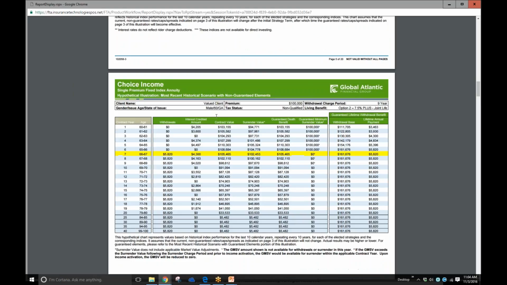Now we go down here and look at this one with non-guaranteed. Now what non-guaranteed means is that we're assuming some kind of back testing of what the index would have done, okay? And so now look over here on the right-hand side. My potential has now gone to 5,820 a year. So it's gone up a bit based upon some performance because they're back testing what the index might do.